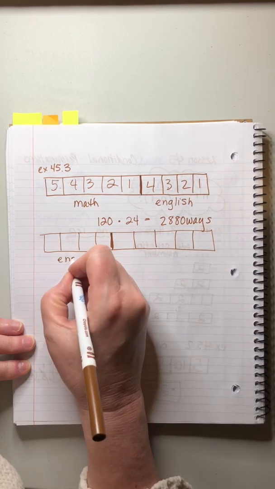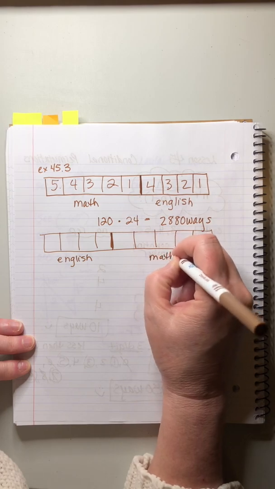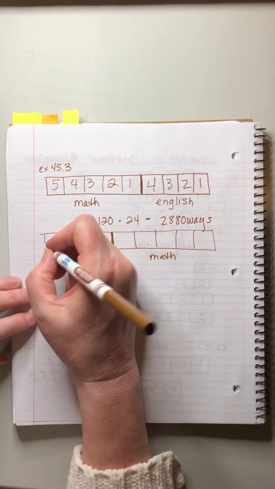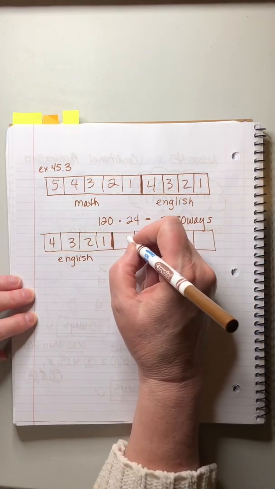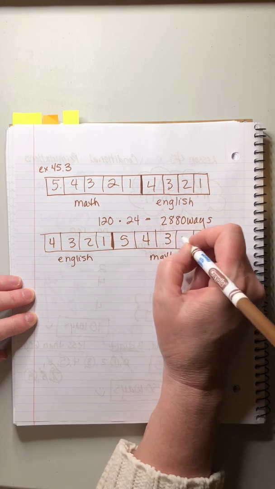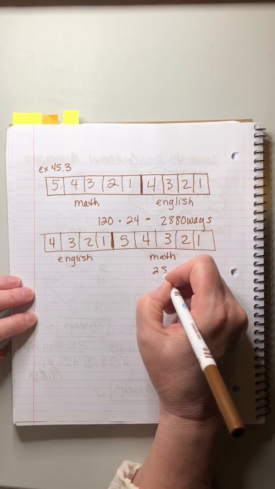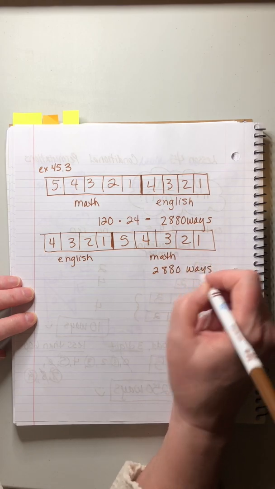We could do it like this. And we could rearrange them all over again just like that. So we could do 4, 3, 2, 1 times 5, 4, 3, 2, 1. And that would give us 2,880 more ways.